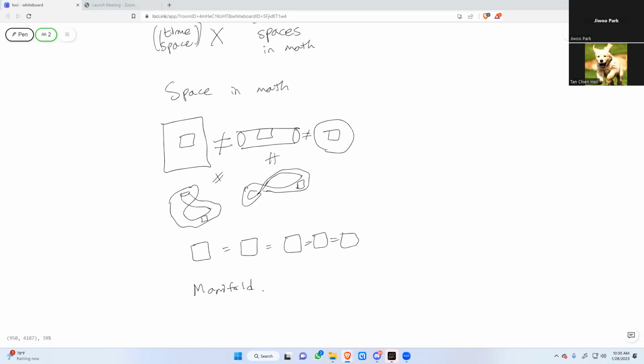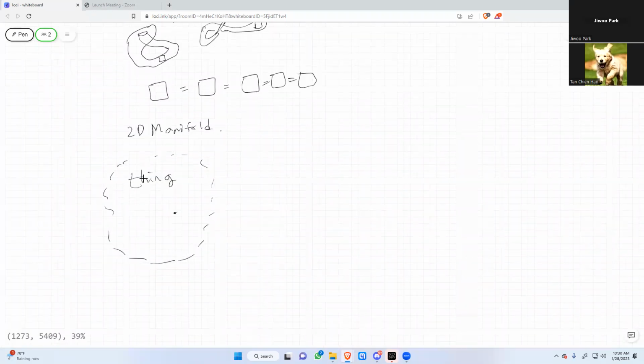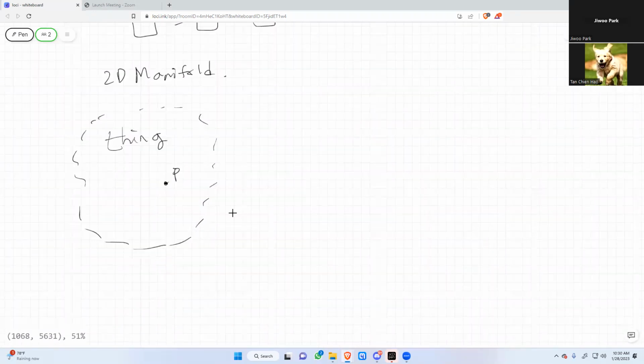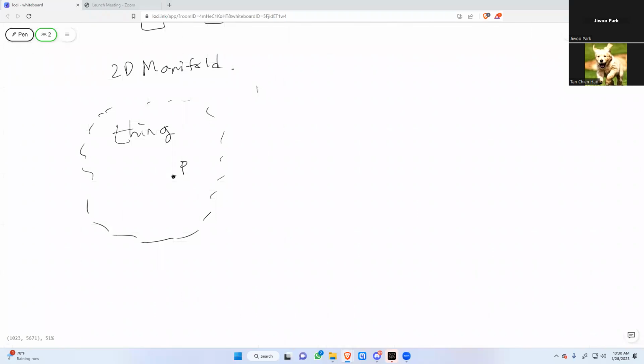The definition is basically the same for any dimension, so I'm just going to define 2D manifolds, and hopefully you can easily generalize to higher manifolds. So a 2D manifold is basically a thing with points in it.